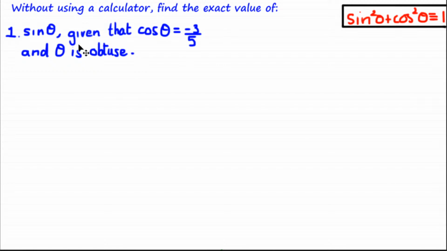The next question: without using a calculator, I'd like you to find the exact value of sine of theta, given that cos of theta is equal to -3/5 and that theta is obtuse. So this is the last one of the day. Let's see what we get. And guys, strictly don't use a calculator.